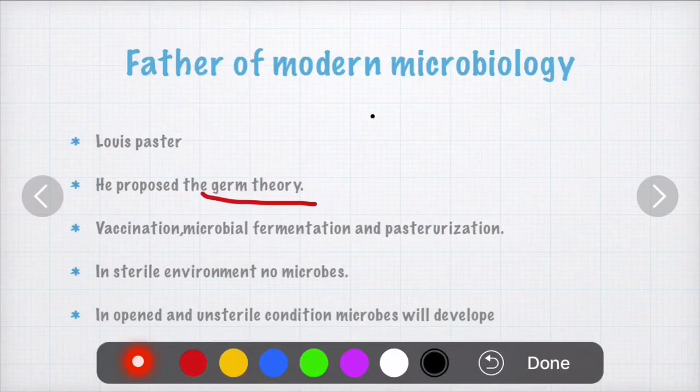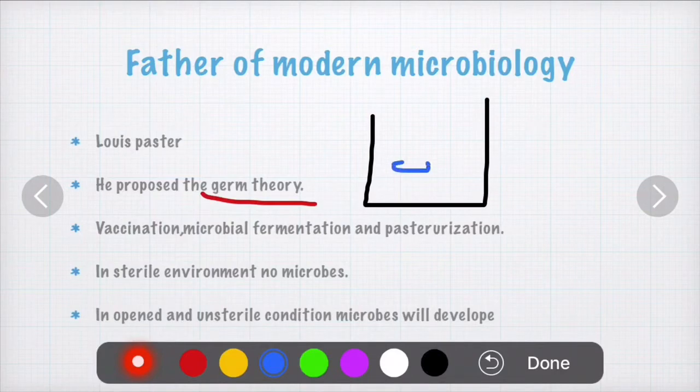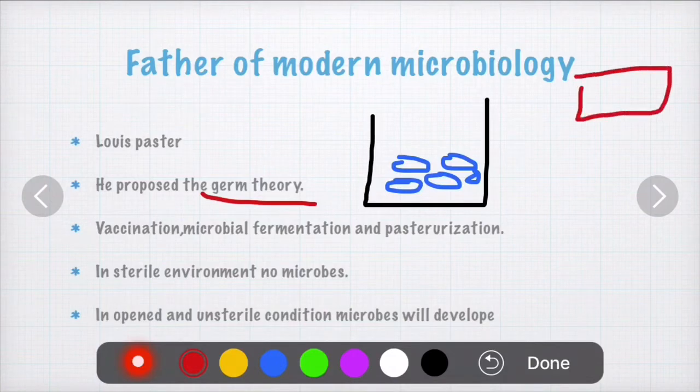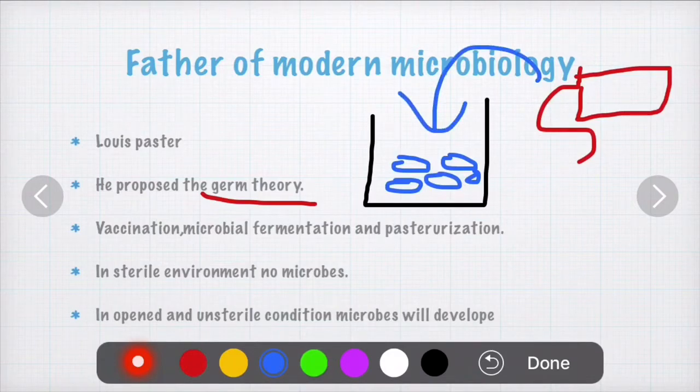For example, consider this is one container. Inside this container there are food substances. This container is exposed to the air and it is not closed. So what happens is, whatever microorganisms are present in the environmental air, they enter inside the container, because the container is not closed and it is not sterilized.